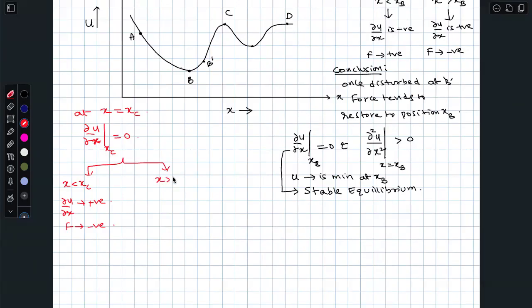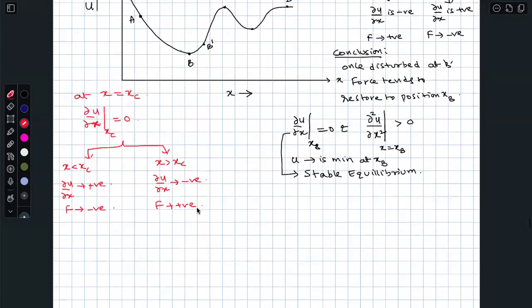Now, X greater than XC, dou U by dou X is negative. So force is positive. What do you mean by this? You shift rightwards, it will experience a continuous rightward force.